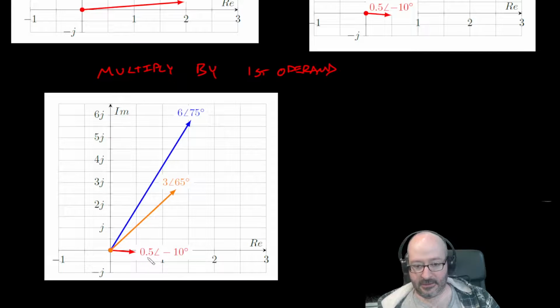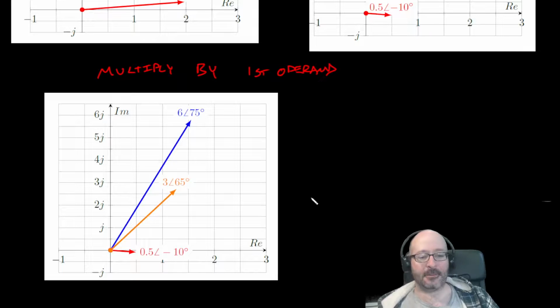All right, so we get that 0.5 at an angle of -10, and we're multiplying by 6 at an angle of 75. So take that 0.5 and make it 6 times as long. That's going to be a length of 3, and then rotate it by 75 degrees. We're going to rotate it up here to 65, so we get 3 at an angle of 65.